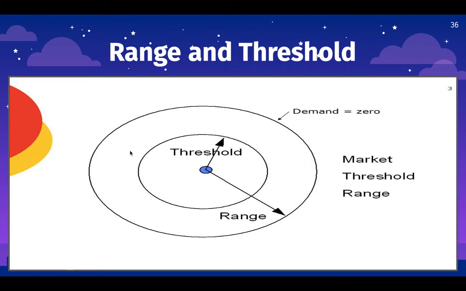So these are all of the potential customers. And then this inner circle represents the threshold needed to keep that business alive. And between these two factors, it's up to the business themselves to find the most lucrative place, to find the sweet spot, so to speak, between range and threshold, or in other words, the central place.